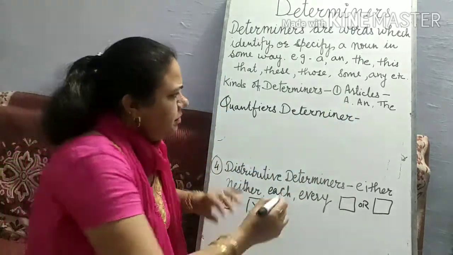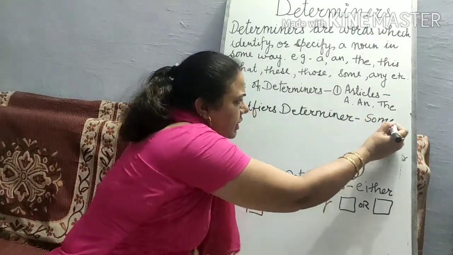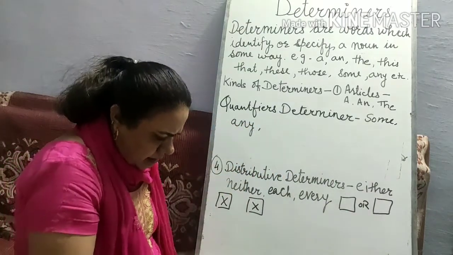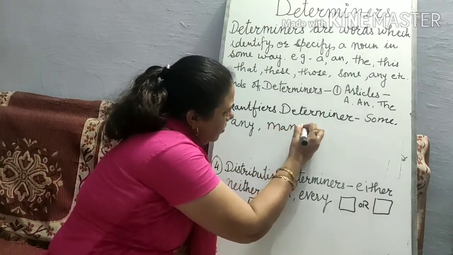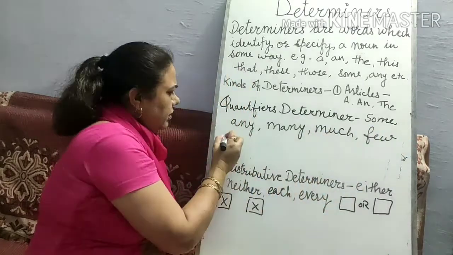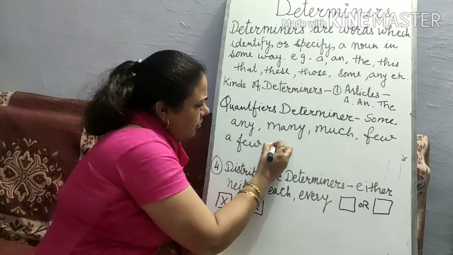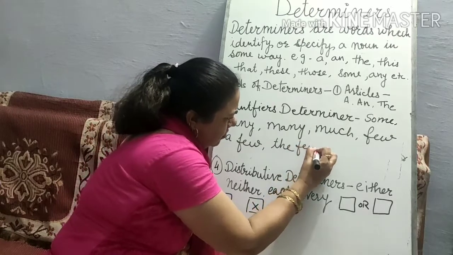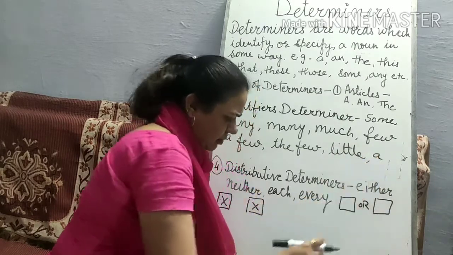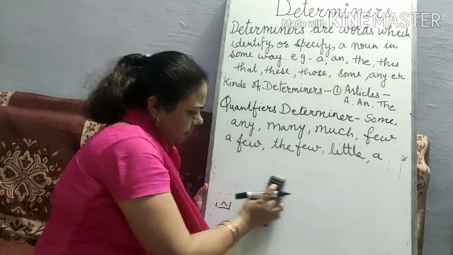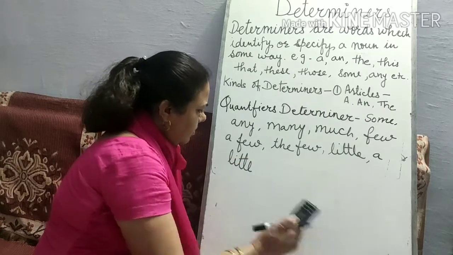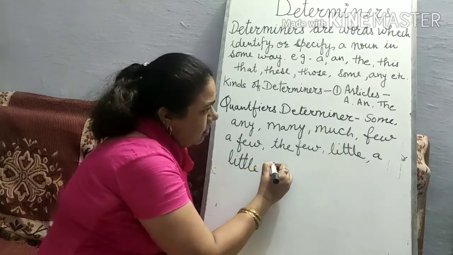In quantifier determiners, we take the words some, any, many, much, few, a few, the few, little, a little, the little.